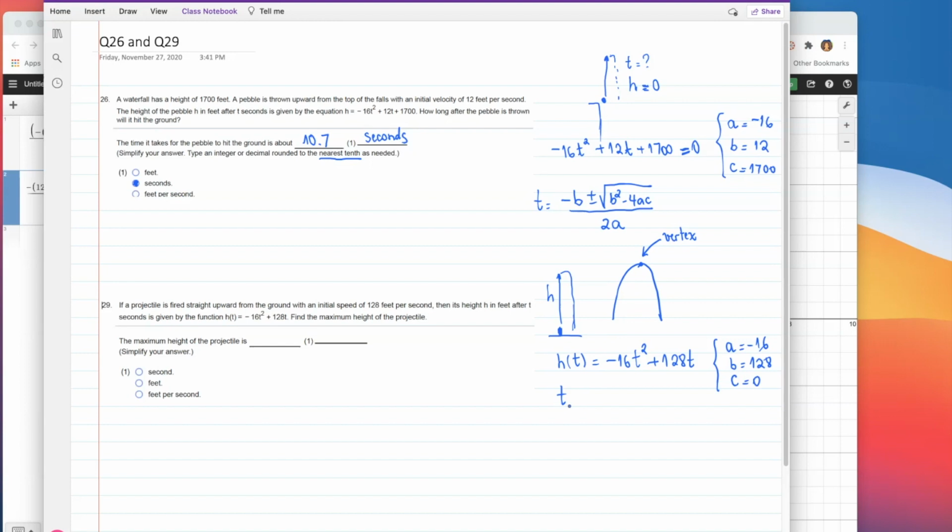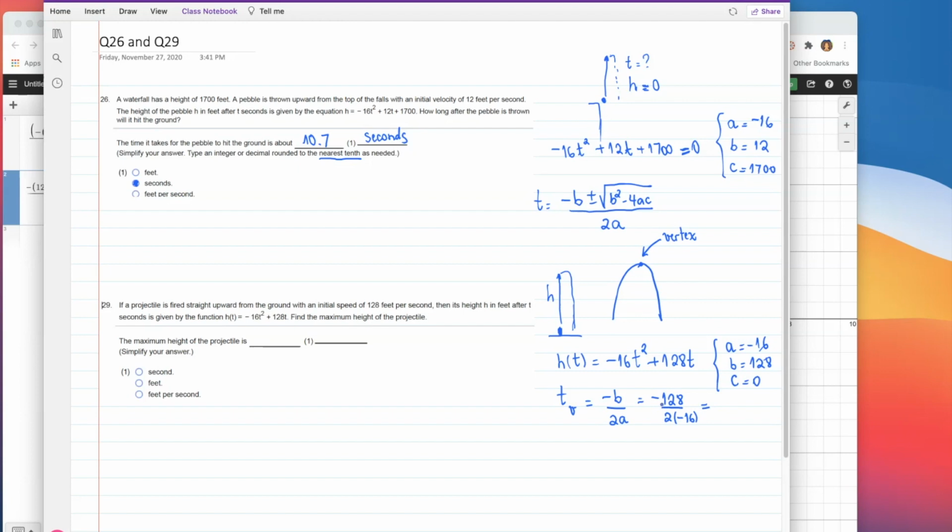we have seen that t for the vertex is negative b divided by 2a. Negative b is negative 128, and 2 times negative 16.